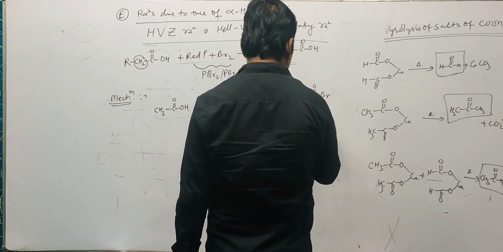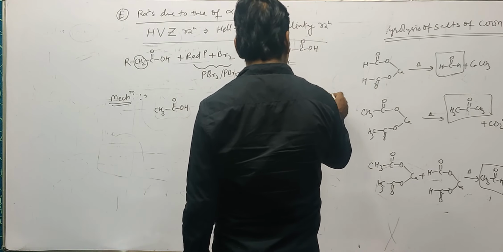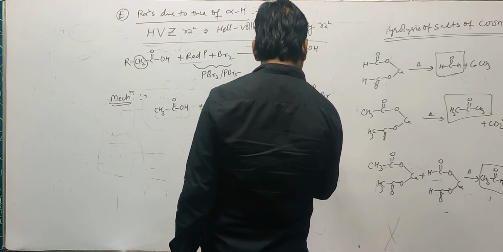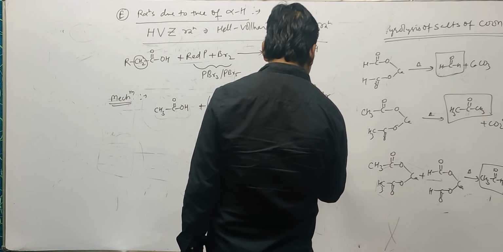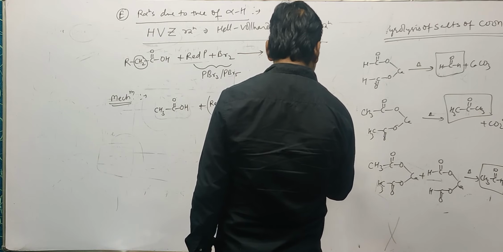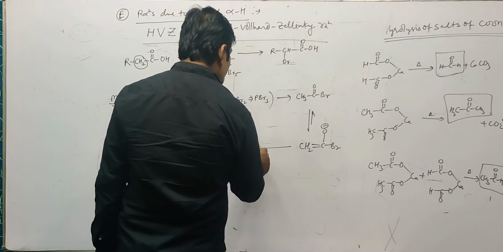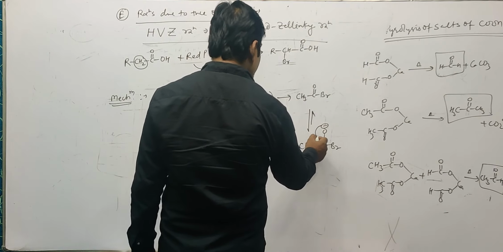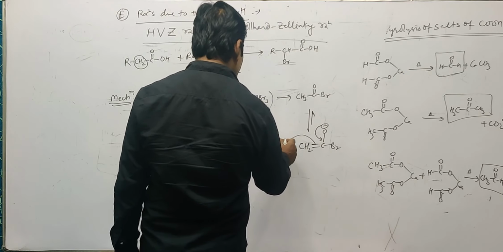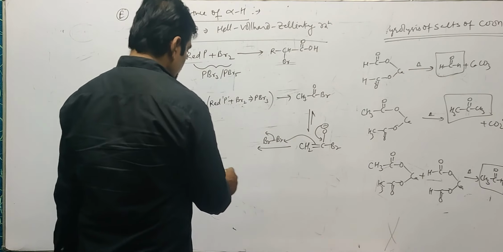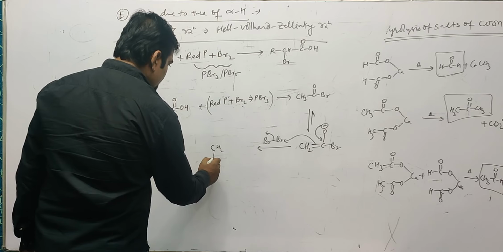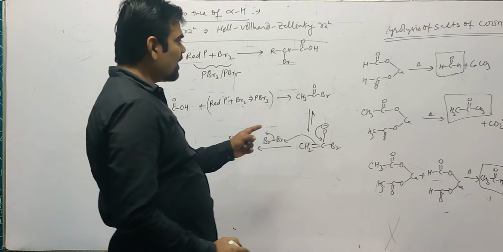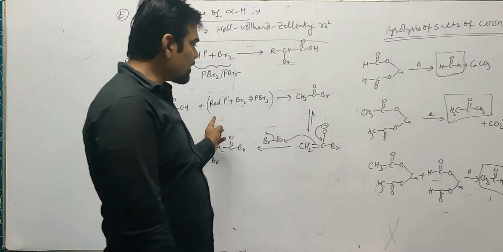Now there is less delocalization, so there is delocalization between alpha hydrogen and oxygen, and there will be formation of the enolate ion CH2 C O minus Br. This approaches a Br2 molecule. The negative charge approaches the bromine, the bond is transferred, Br minus leaves, and this becomes CH2Br C double bond O Br. So first of all, it forms an acyl halide.